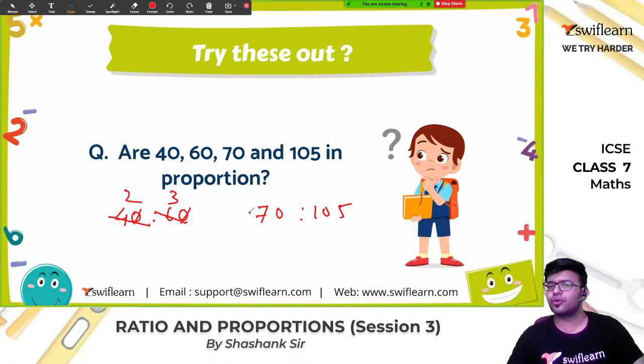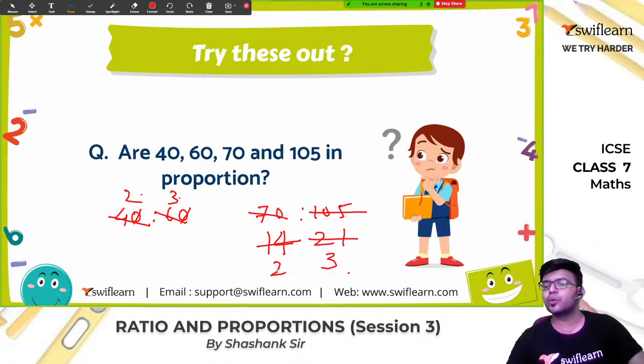This one won't be divided by 15, so let us divide it by 5. 5 1 ja 5, 5 4 ja 20, 5 2 ja 10, 5 1 ja 5, 7 2 ja 14, 7 3 ja 21. ये भी 2:3 है, ये भी 2:3. Are they in proportion? Yes. 40 is to 60 as 70 is to 105 are in proportion.